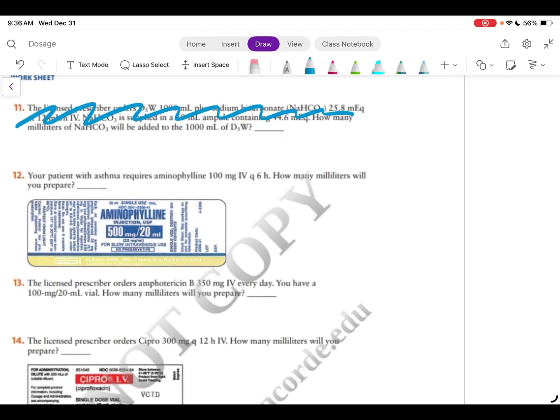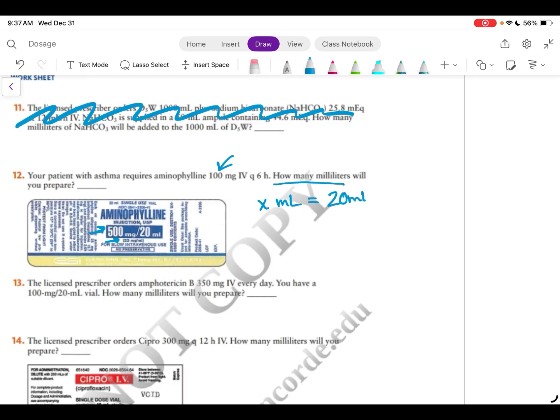You have to give aminophylline 100 milligrams. How many milliliters is that going to be? Again, this label gives you two options, so you have the big blue box and then you have the tiny parentheses right below it. Let's start with the big blue box first, just because I can see it better.